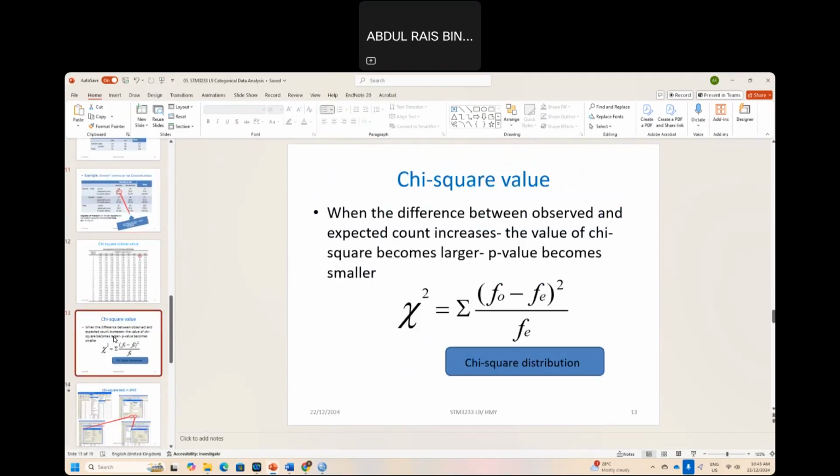Okay, sama juga macam non-parametric dan parametric test yang lain, kita kena cari our calculated value for chi-square. Yang ni yang kita cari sebenarnya, okay? The chi-square value, and this is the formulation, okay? The chi-square distribution, right?